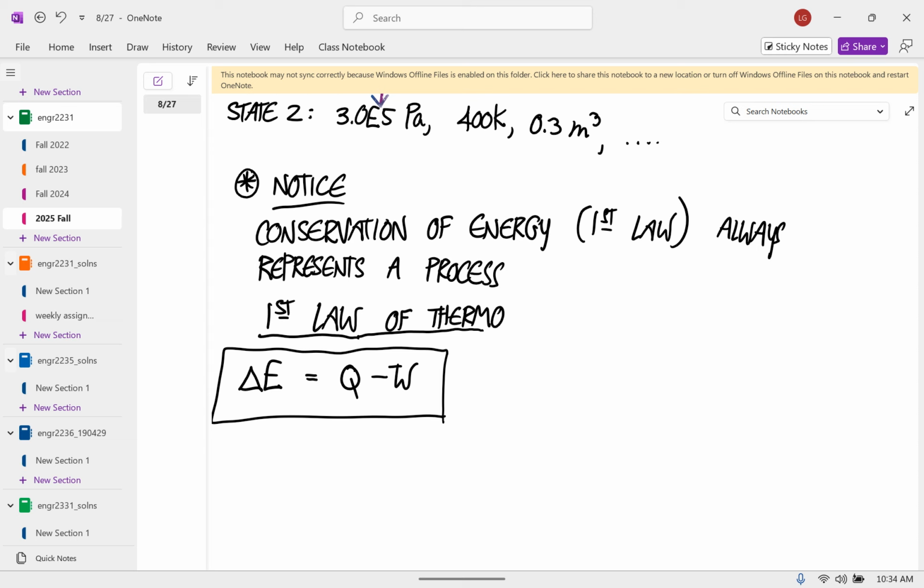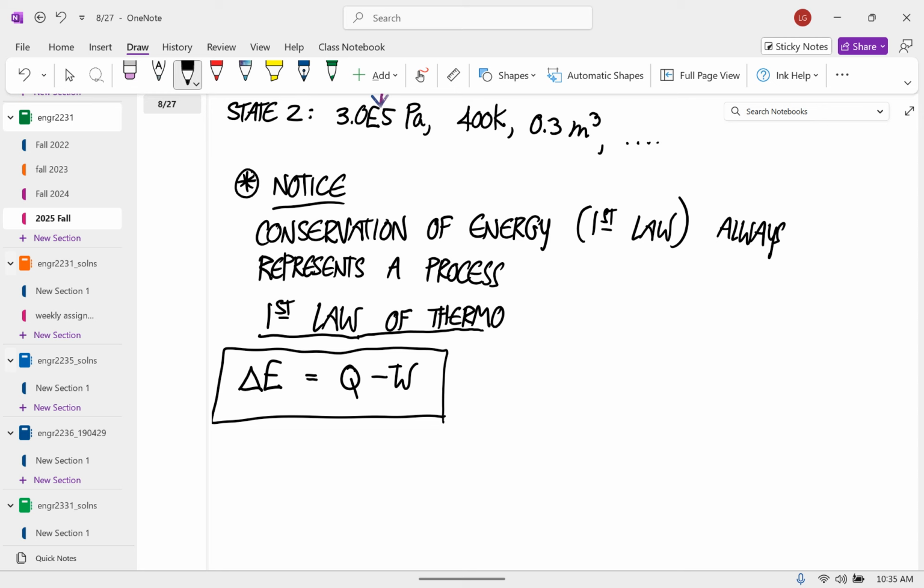Exactly. But for us, the most common thing is to add heat to the gas to make it do mechanical work, so we're just going to use this sign convention. This looks very similar, yeah. Thanks for clarifying. Sure. Any other questions right now?